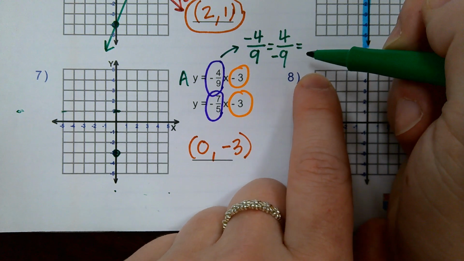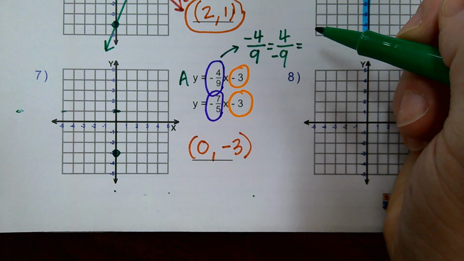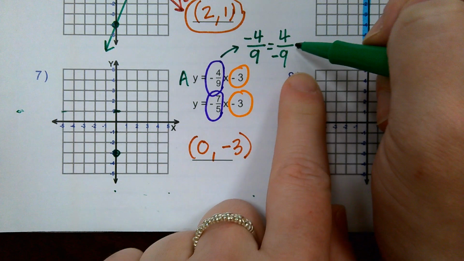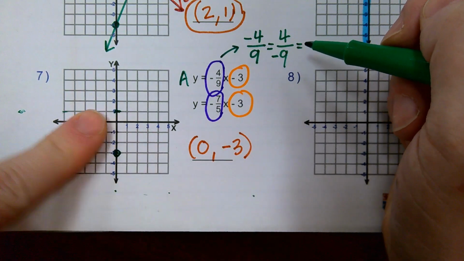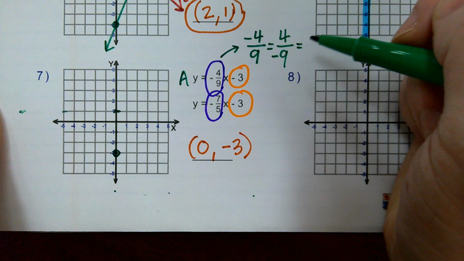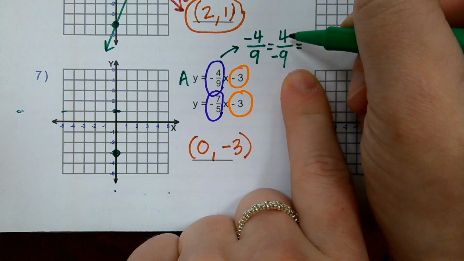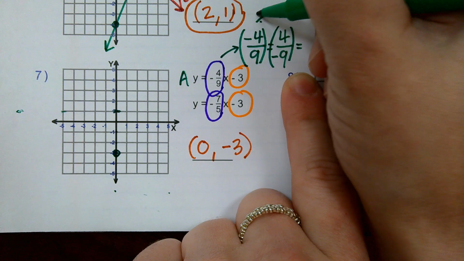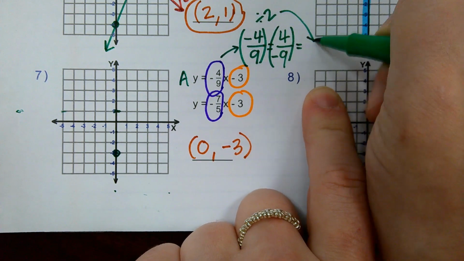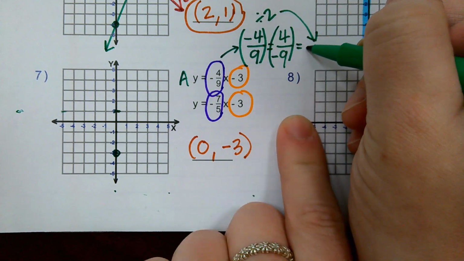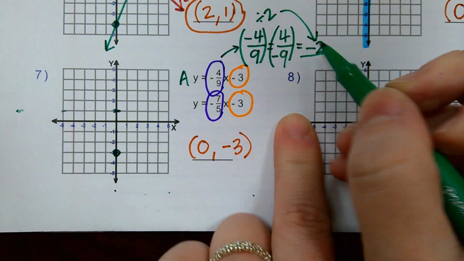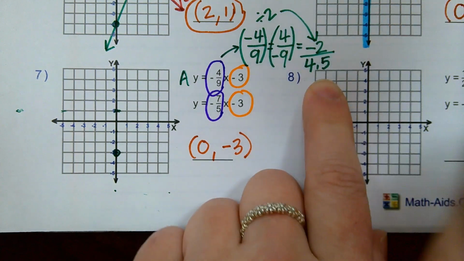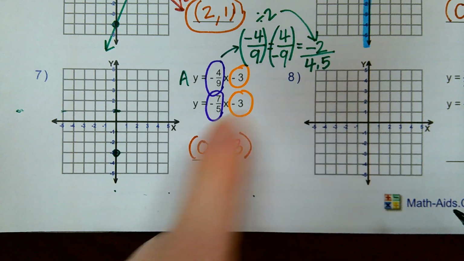Normally, I'm going to encourage you not to put decimals in your fractions, but in this case, it's a good idea to. Because our point is going to go so far off the graph, it would help us to take this and divide by 2. So -4 divided by 2 is -2. 9 divided by 2 is 4.5. So we could do that.